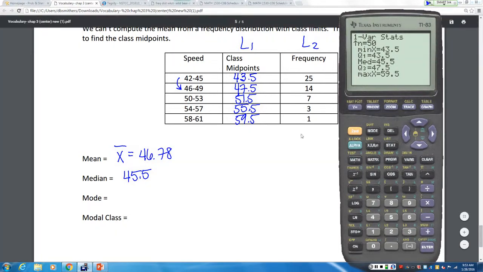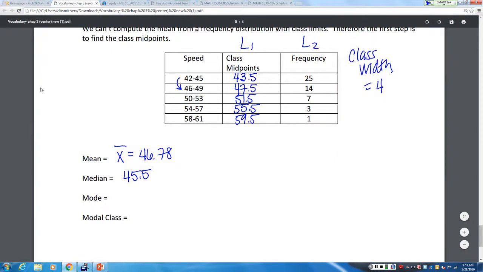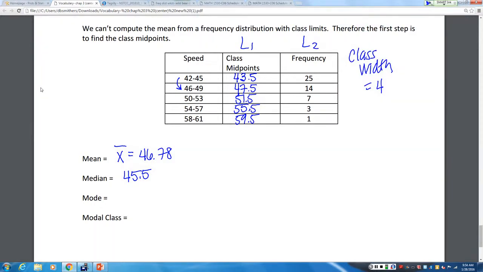How do I talk about mode? By definition, what was the association I told you with the word mode? The most, right? Or the greatest frequency, okay? So it's a little different setup, but where does the greatest frequency still occur? What number is that? What's the actual greatest frequency? 25.